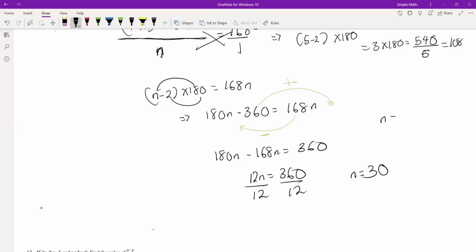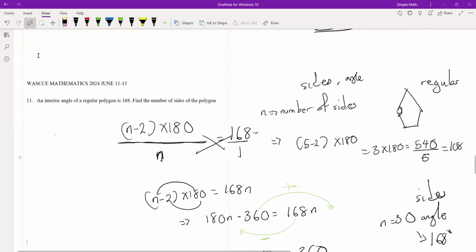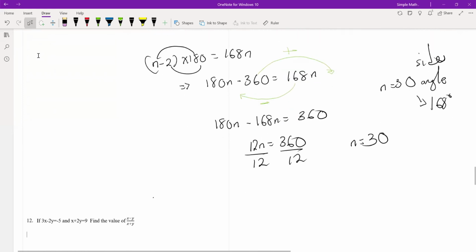So it means that this polygon has 30 sides and 30 angles, and each of these angles is 168 degrees. Okay, so fairly simple here. So the topic of this one is sum of angles in a polygon. So you can read that up. I'll make more videos on those ones.